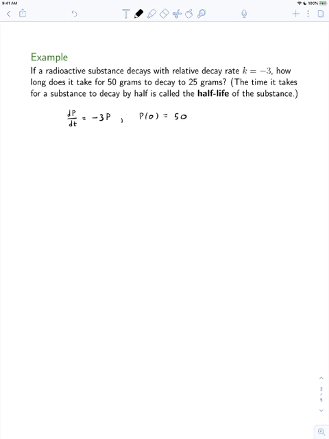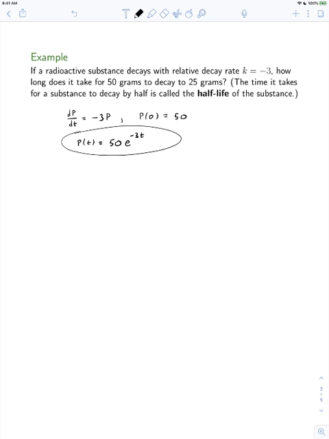We don't have to solve this differential equation because we already did it in the previous example. We know that P as a function of time is equal to the initial population times e to the k, which is -3, times t. So this is our formula that gives us population in terms of time.